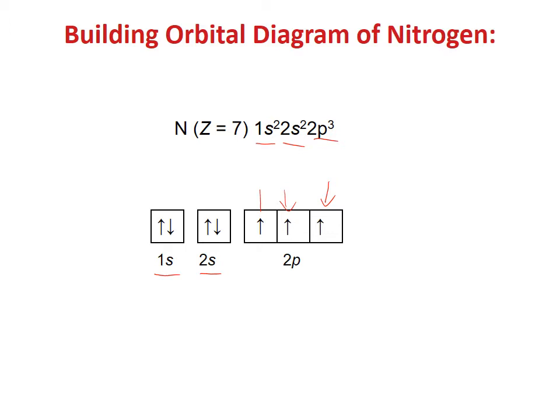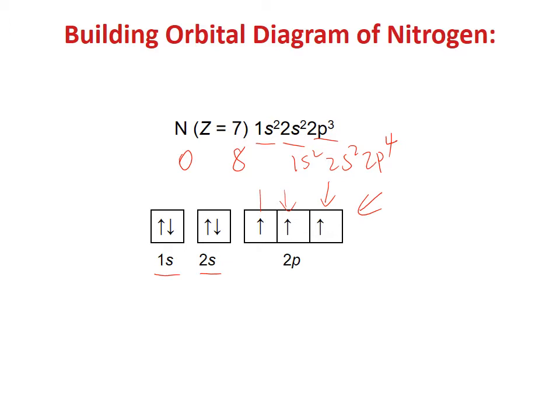What about the next one, oxygen? Oxygen has Z equal to 8, so 8 electrons. The electron configuration should be 1s2, 2s2, 2p4. After filling these 3 orbitals with the maximum unpaired electrons with parallel spin, you now have 1 more electron.